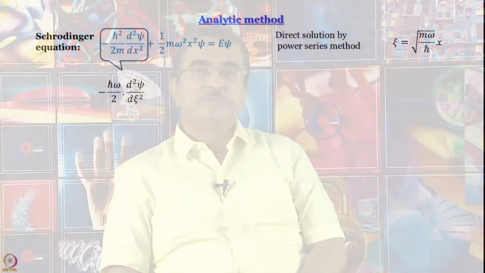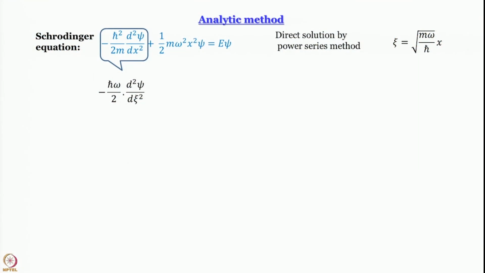So, here goes, xi equal to root over m omega by h cross times x, that is what we are going to use. So, using that, what we will see is we are going to transform the kinetic energy term and we are going to obtain minus h cross omega by 2 d2 psi d xi 2. Most of you might be able to work this out by yourself, but as promised we will go through this step by step.